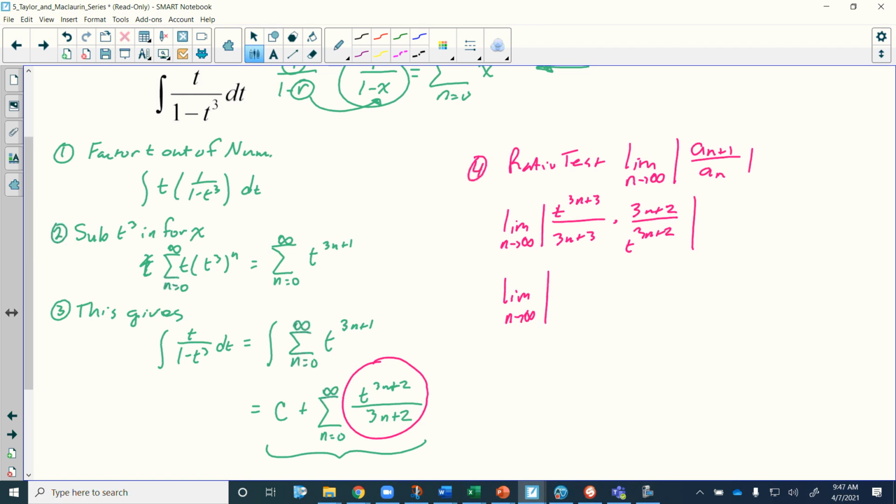So if I say 3n plus 3 minus 3n plus 2, the 3n's are going to cancel out, and 3 minus 2 is going to give me just t to the first power multiplied by 3n plus 2 over 3n plus 3. Now, as n goes towards infinity, this part here is going to simplify to 1.